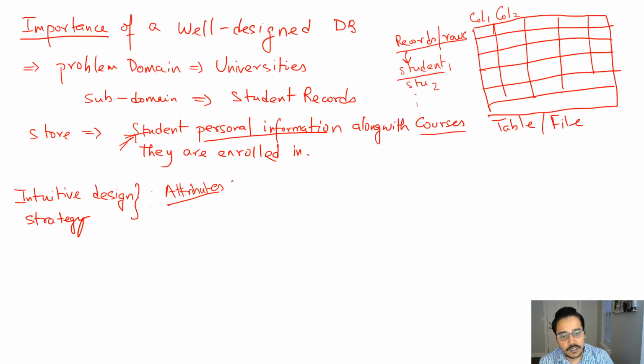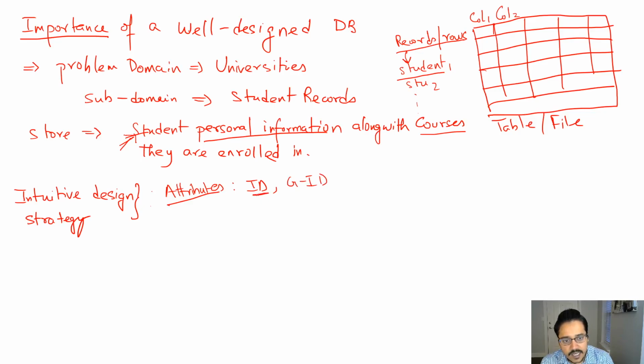So what kind of fields or attributes will you use in order to define a particular student, to store the information about their personal records and then the courses? We can think of attributes such as an ID, right? And then, let's say if it is Oakland University, we will have the Grizzly ID.